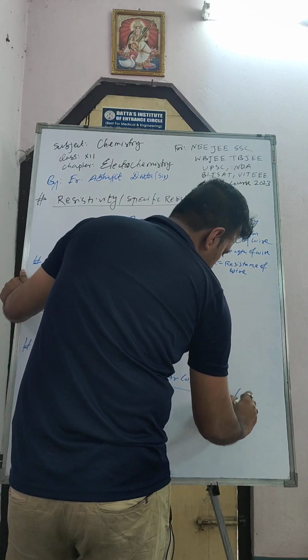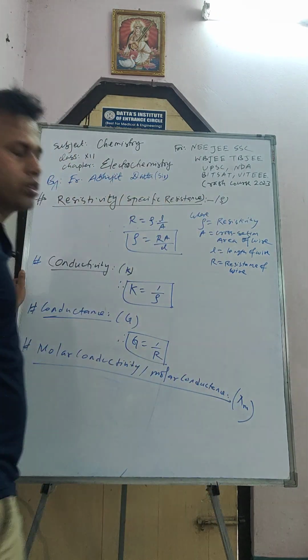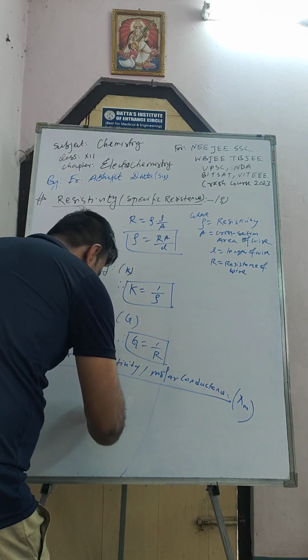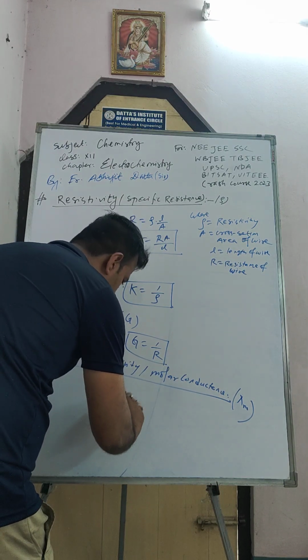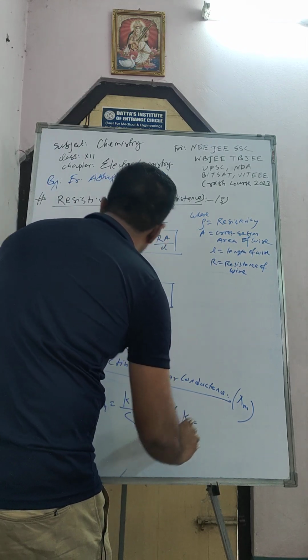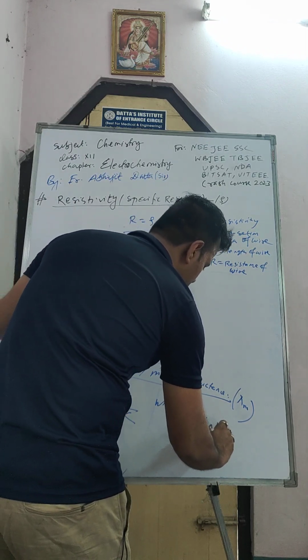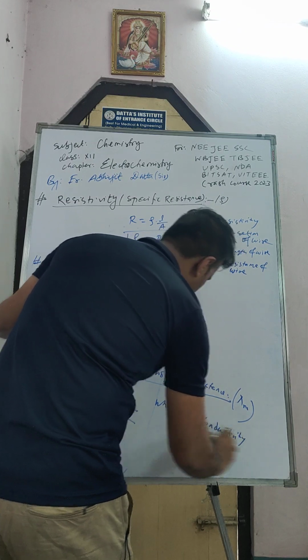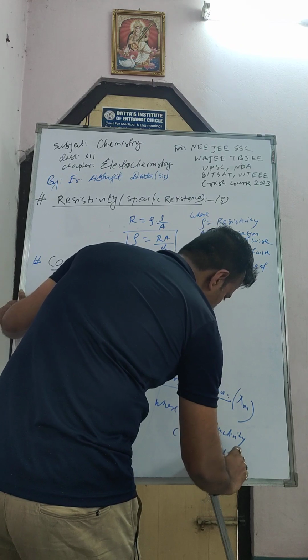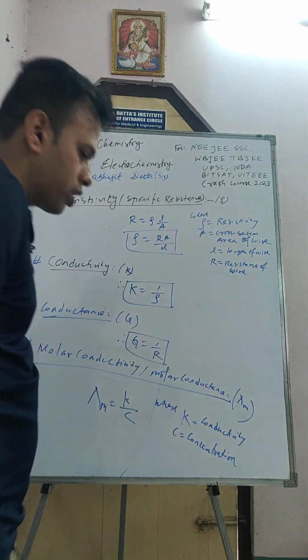Lambda m equal to K by C, where K is conductivity and C is concentration.